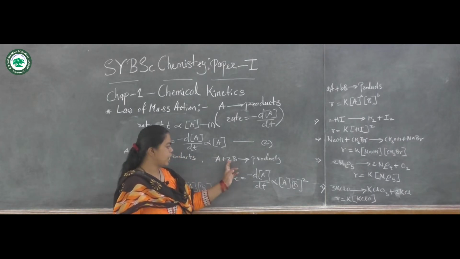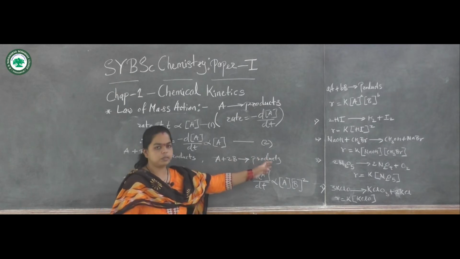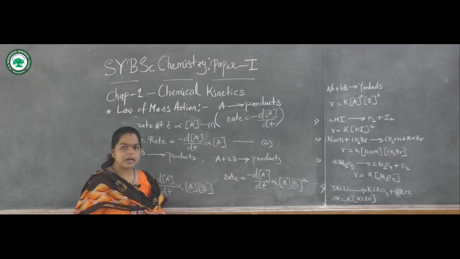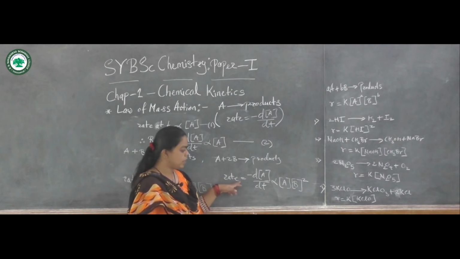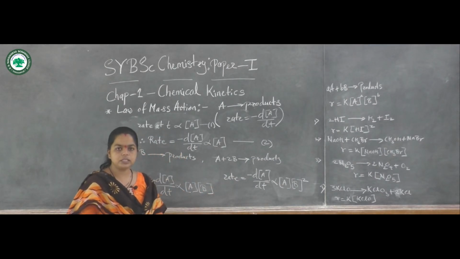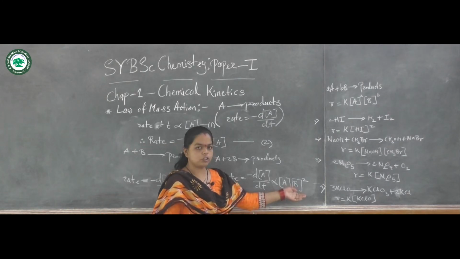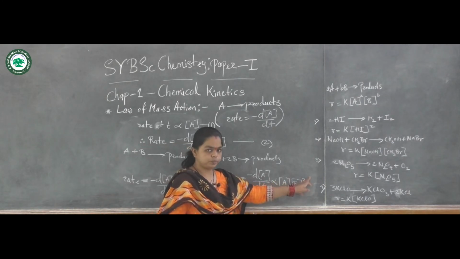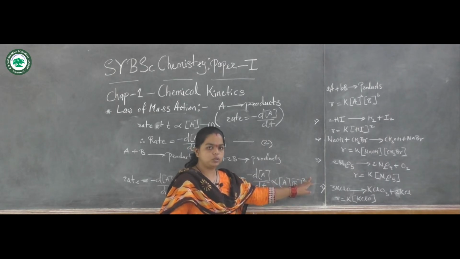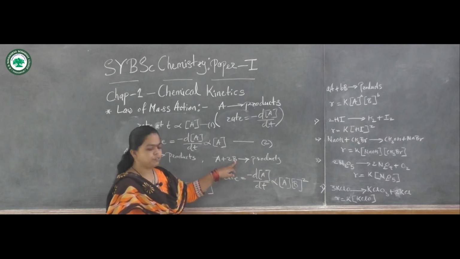Now if we consider a second reaction, A plus 2B gives product. In this case, according to the law of mass action, the rate of the reaction can be given as minus d upon dt is directly proportional to the concentration of A into the concentration of B raised to 2. Here exponent 2 is given in the rate equation because B has the coefficient 2.